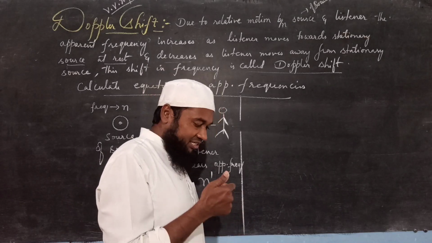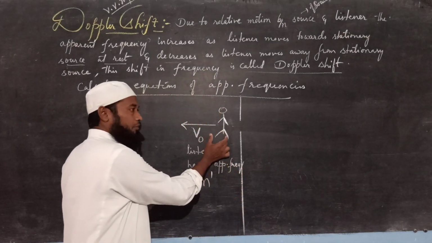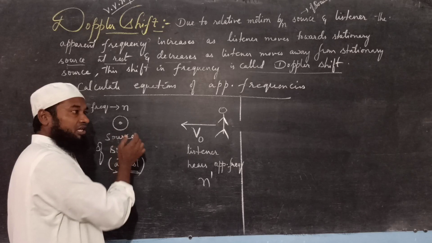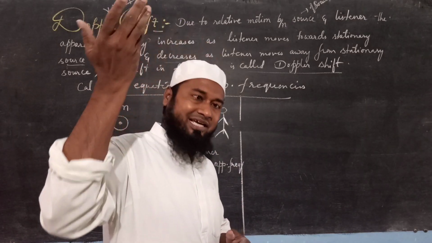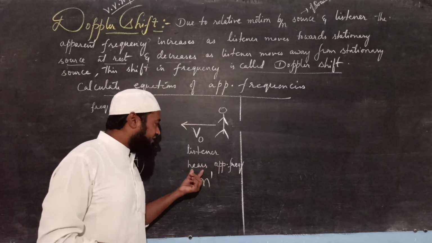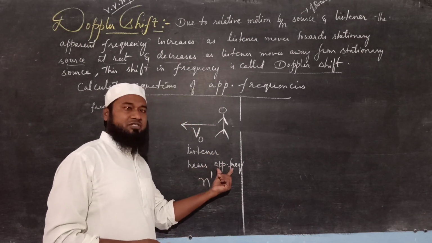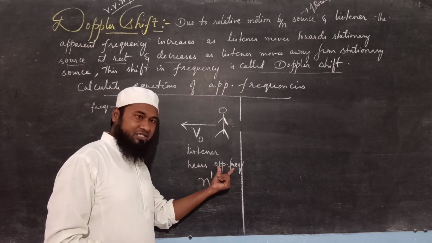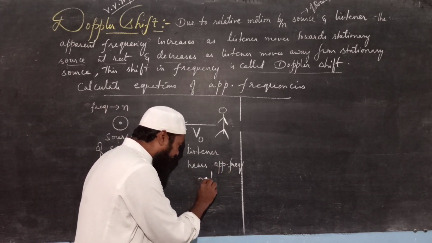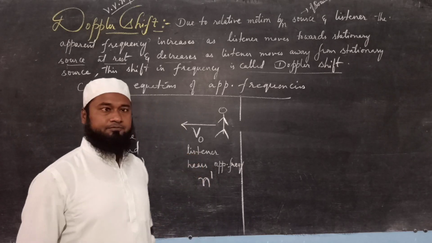As the distance decreases between the observer and the source, he will hear a different frequency, and it goes on increasing. Let us call that frequency the apparent frequency. I have written here that the listener hears an apparent frequency, denoted by N dash.